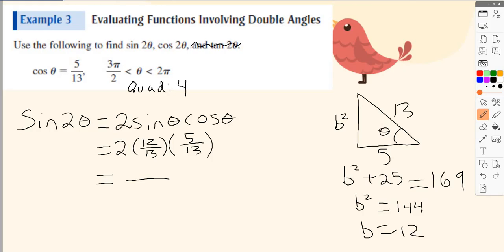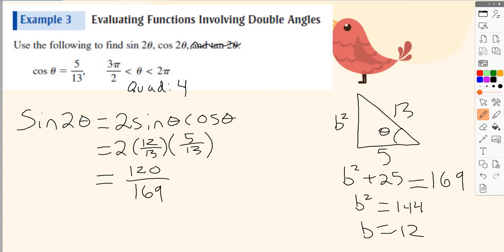So notice that 2 times 5 gives us 10, times 12 gives us 120. And then 13 times 13 we said is 169.